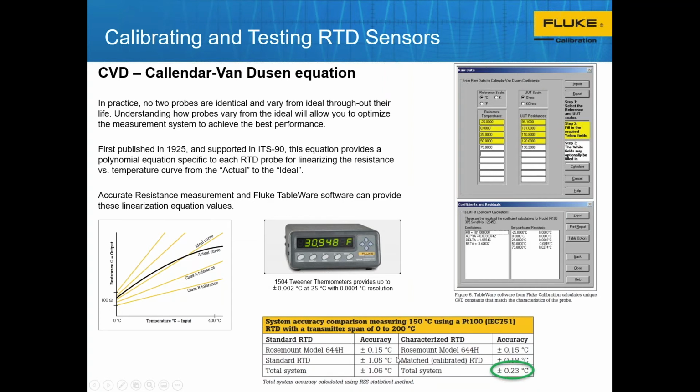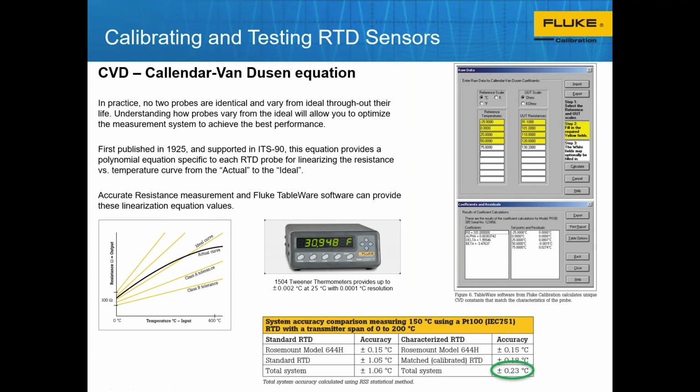A standard RTD probe might have this accuracy, but if we go through the process of creating a polynomial that will linearize the probe, in other words, take this black accuracy curve and create it more closely to the ideal, that will give us improvements easily in the order of 5 times more improvement on the probe. And then the total system accuracy could be literally 4 times more accurate.